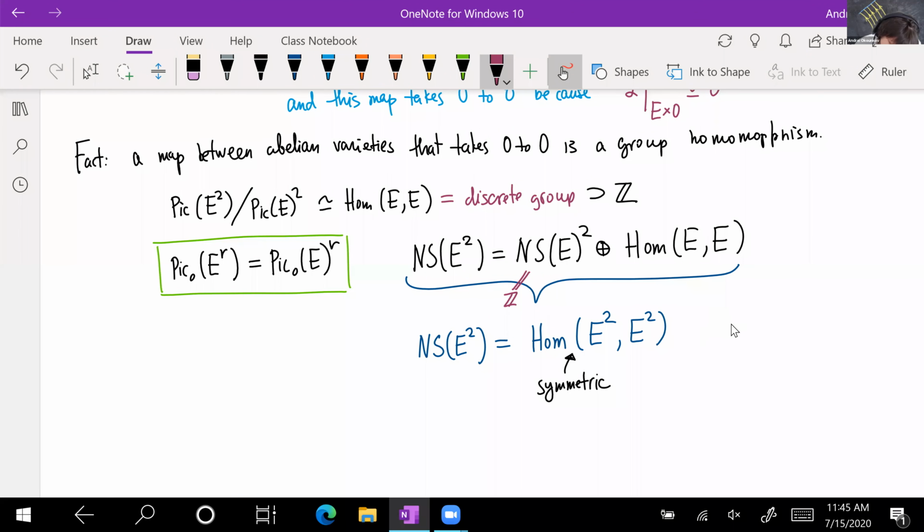So I'm going to think of this as I have Z here, Z there, some kind of homomorphism, we'll call it alpha, and here I put the alpha transpose, where the transpose is the dual map between dual varieties.